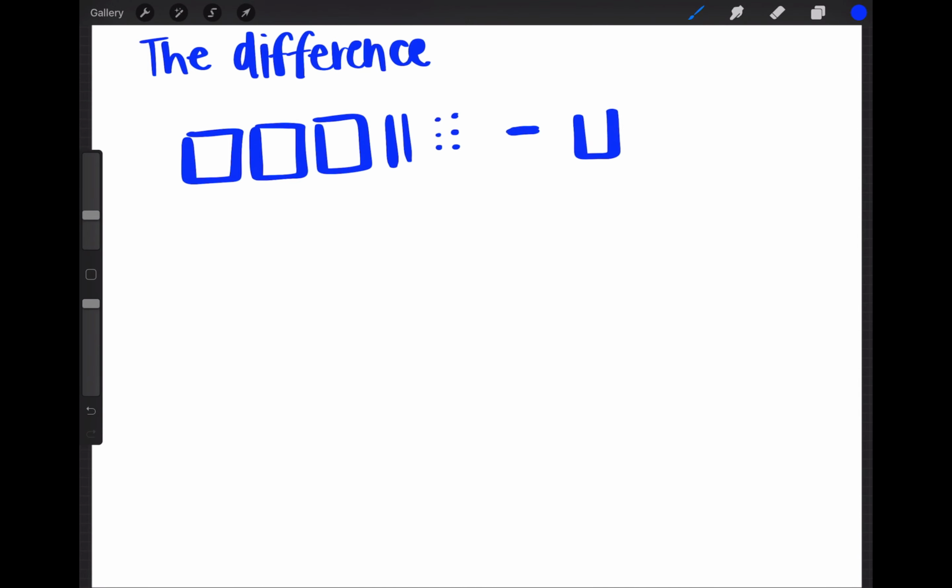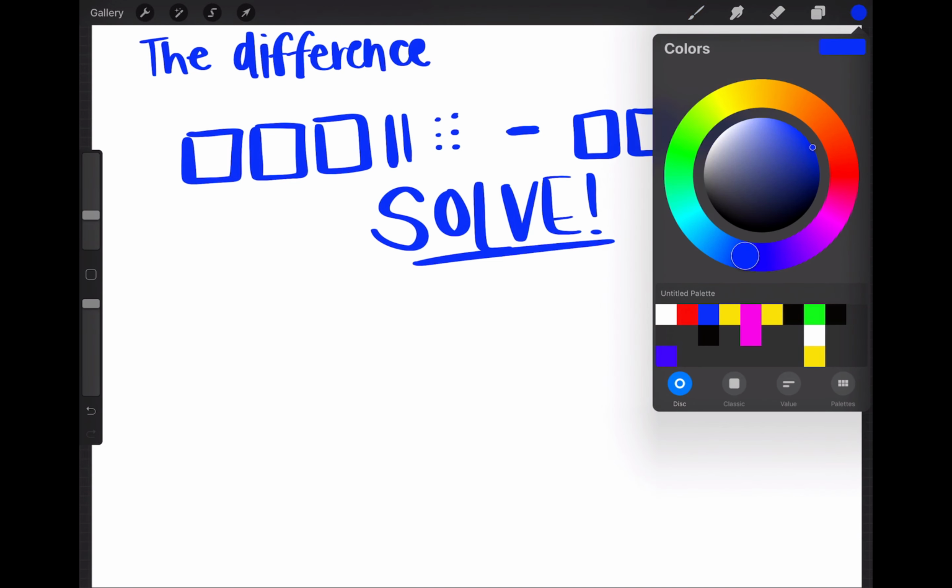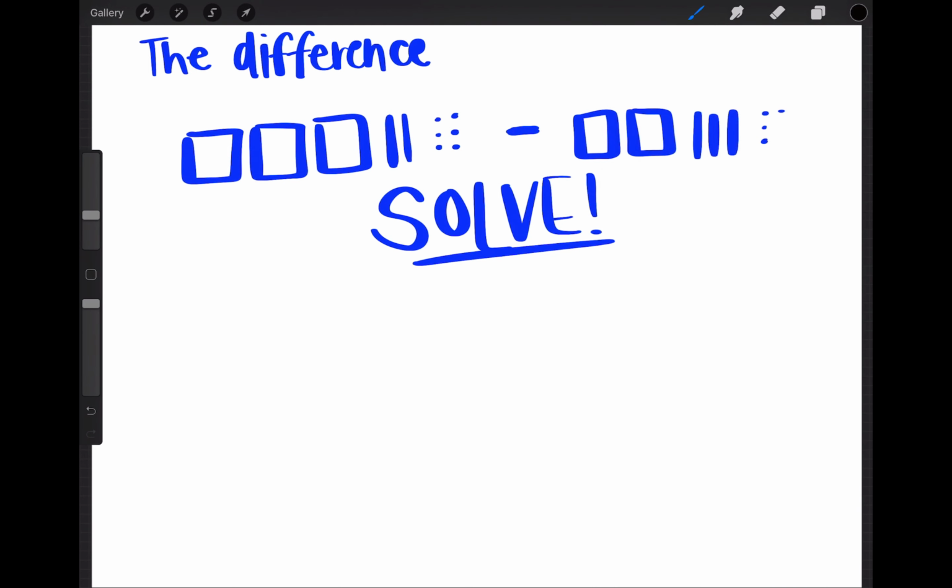And we're going to subtract 2 hundreds, 3 tens, and 4 ones. Go ahead and solve this at home. Remember, you can pause the video at any time or rewind if you need help.